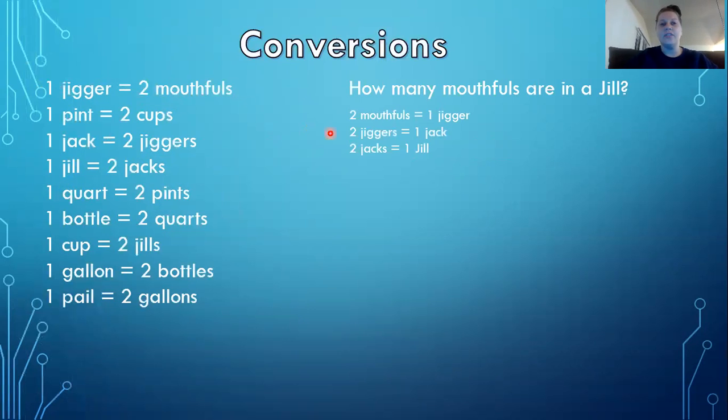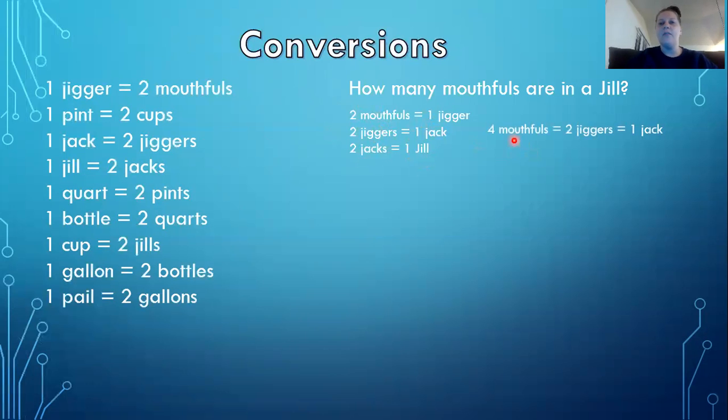So here's our conversion. We're going to be using the doubling system. Basically what that means is we have 2 mouthfuls equals 1 jigger, and 2 jiggers equal 1 jack, and 2 jacks equal 1 jill. So we're basically just doubling. When we want to figure out the mouthfuls to jill, we can work our way up from mouthfuls to jiggers to jacks to jills.